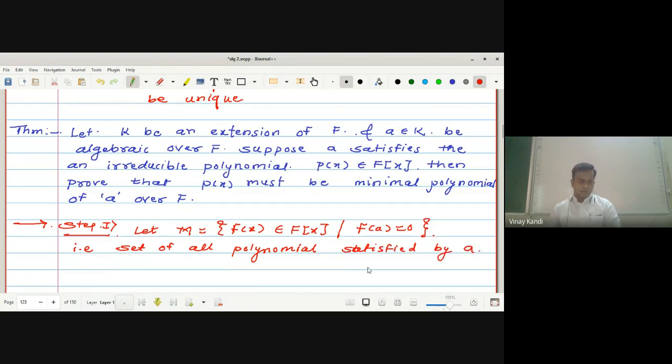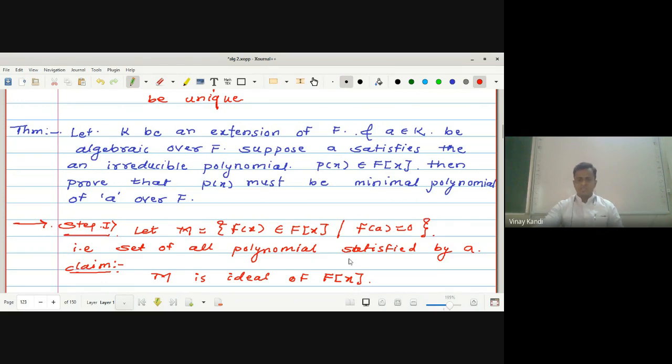Okay. Now claim that. What is our claim? We have to prove that this capital M is an ideal of F of x.